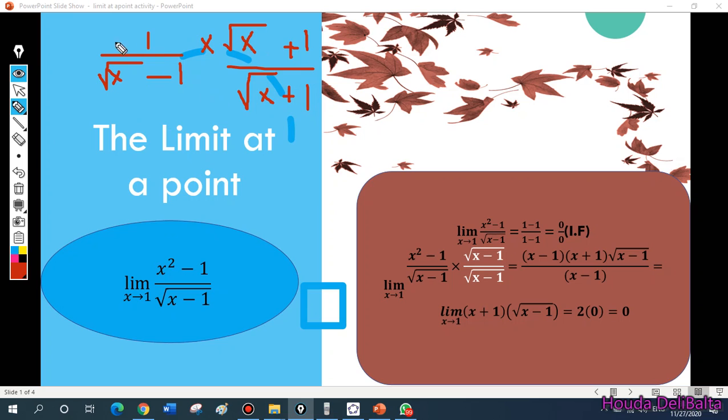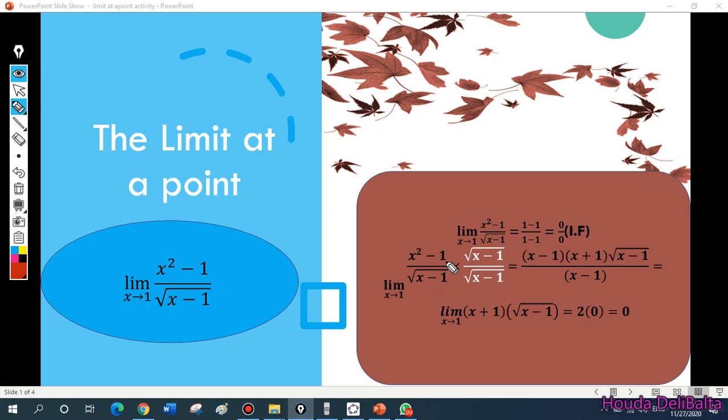Then we change the sign in the middle. But here, as you notice, the radical is all over x minus 1. That's why we multiply by the radical itself up and down, because it's in reality 1. We are just changing its appearance and making things easier and getting rid of the indeterminate form to get the limit.